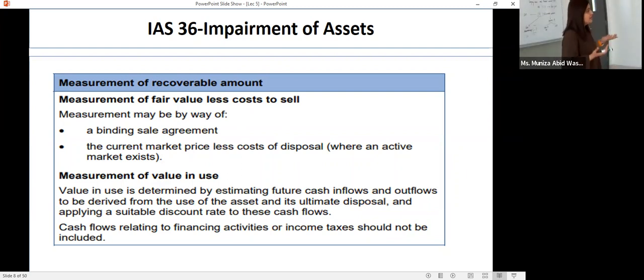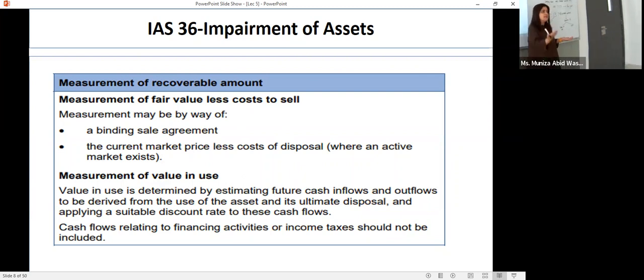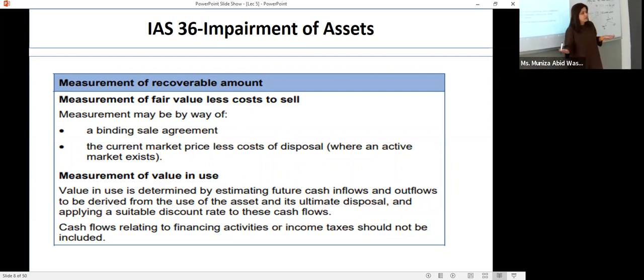So if we want to see the selling price of intangible assets, then our evidence would be the binding sale agreement. But if we are considering assets under IAS 16, since there is already an active market present, if we want to resell our furniture, motor vehicles, or any other equipment, there is a market available. So in that case, it will be the current market price less cost of disposal.